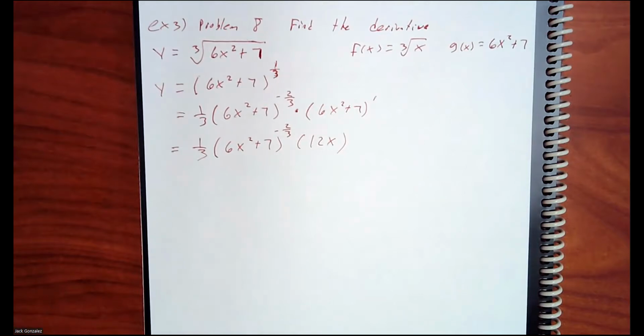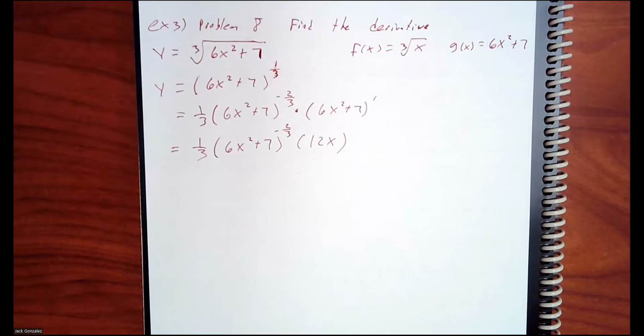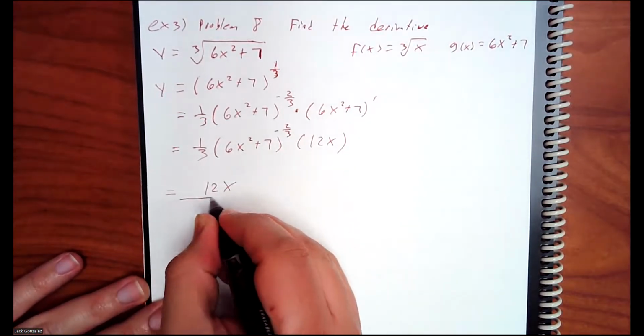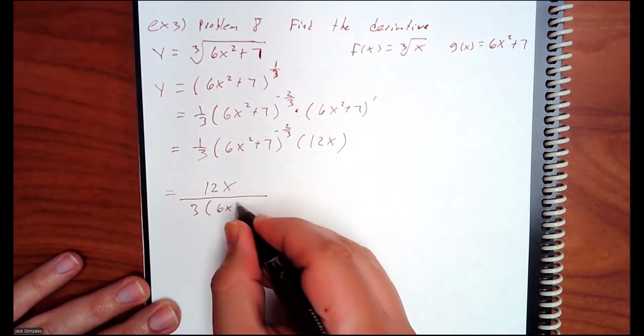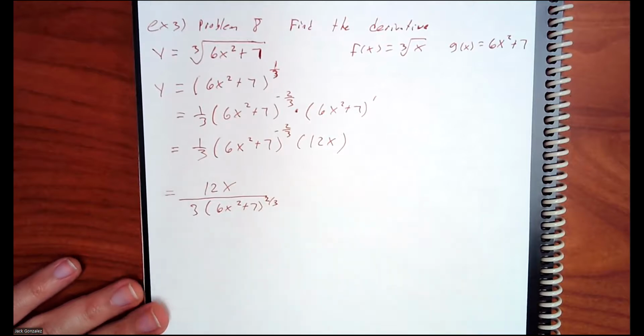So at this point, we start simplifying. We're going to bring down the 2/3 because it's negative. That 1/3 will be at the bottom as a 3 because it's already at the bottom, right? 12x will stay on top. So this is what's going to happen. 12x multiplies on top. This 3 stays down there. This guy moves down and becomes positive.